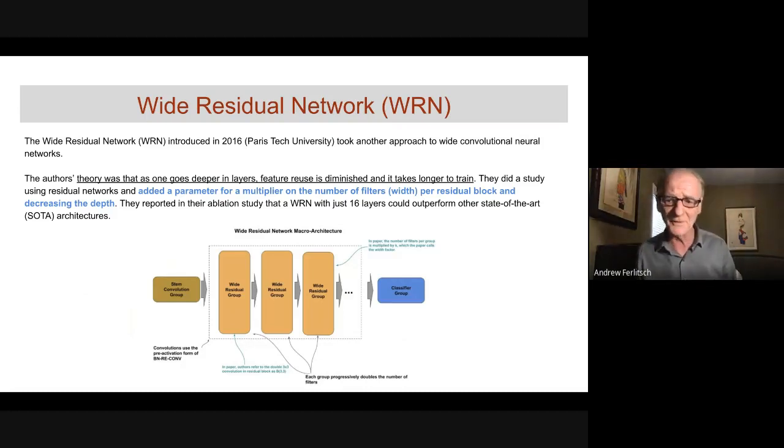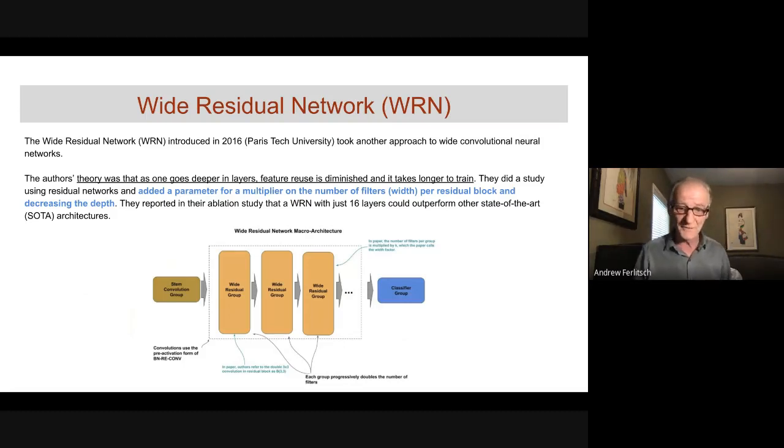So their theory is the wider you went on a layer, the more feature reuse you would have, and that you could decrease the depth of the neural network and get the same accuracy, and therefore be more immune to things like vanishing and exploding gradients.